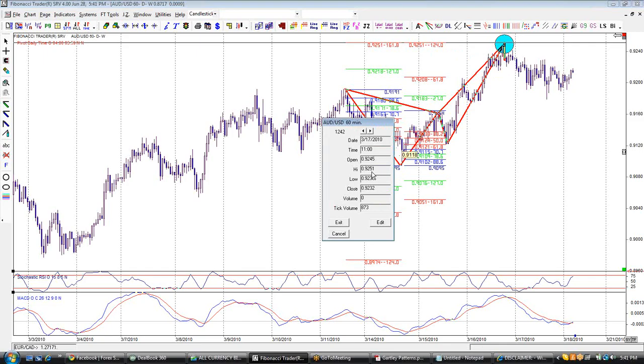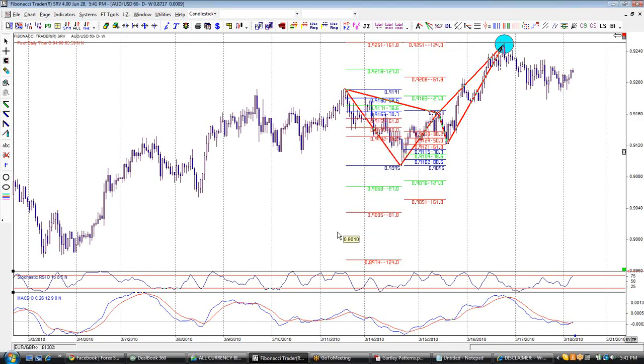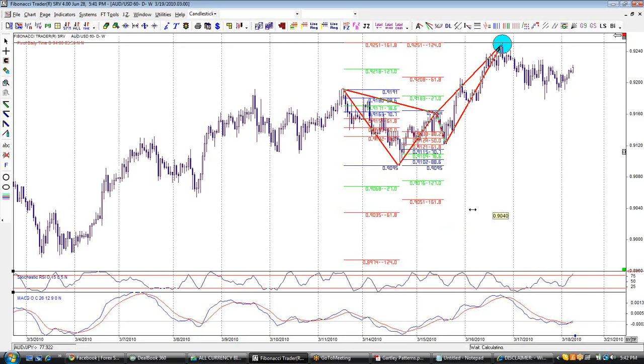The high is 0.9251. As I said, when we see a crab, and if the convergence is so good, most of the time price will just hit the entry level to the pip and it will collapse after.